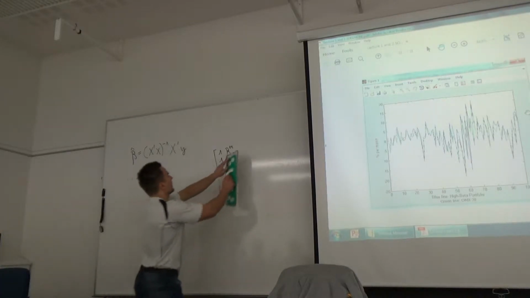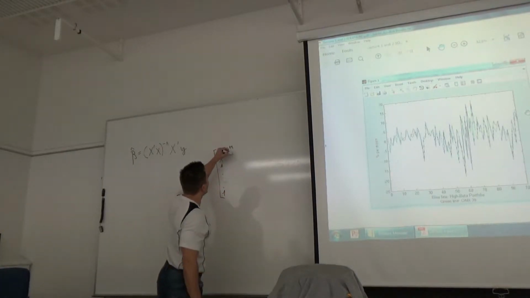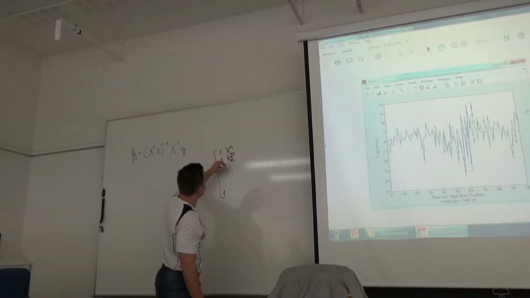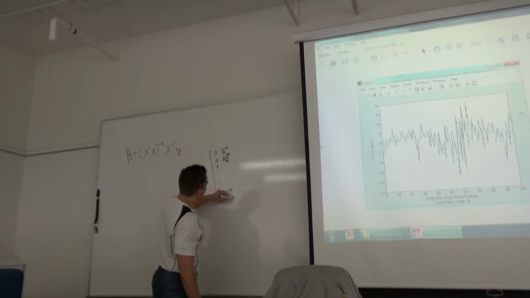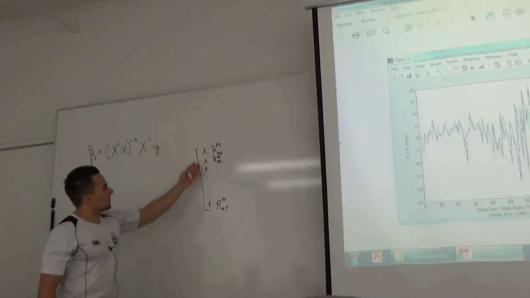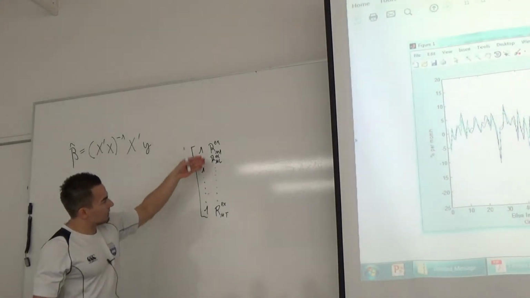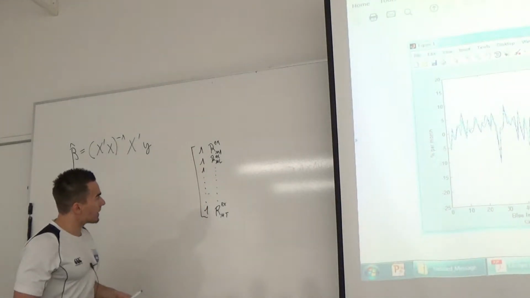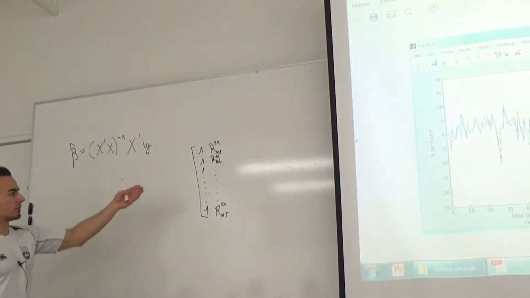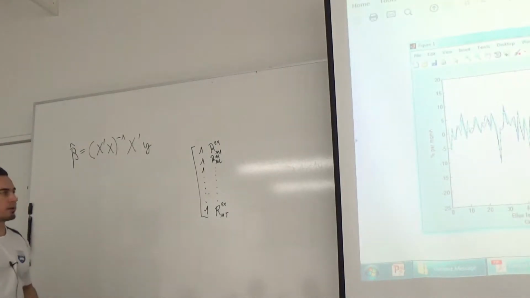The first column is a vector of ones. The second column is the vector of excess returns for the market factor, which can be anything, S&P 500 or the OMX 25, whatever.